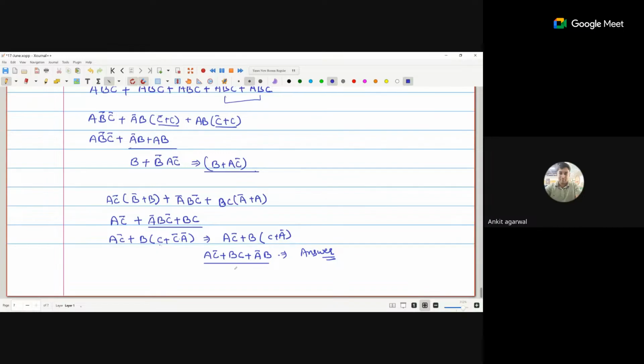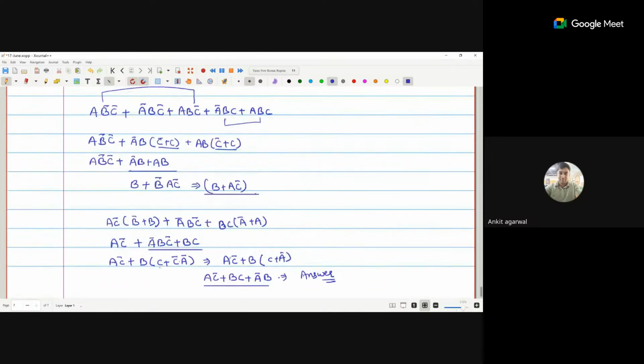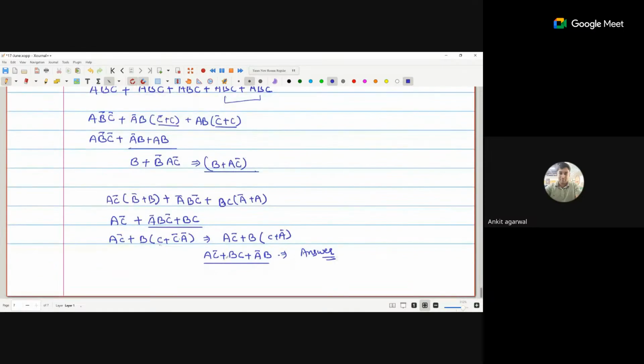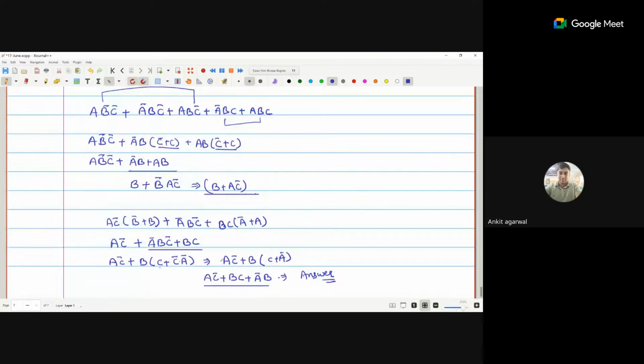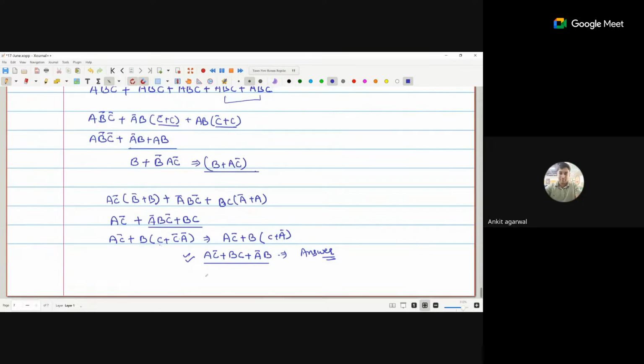Any further simplification? Okay, so this is the answer. No further simplification is possible. So the answer is different.